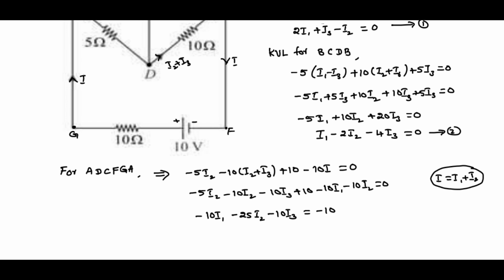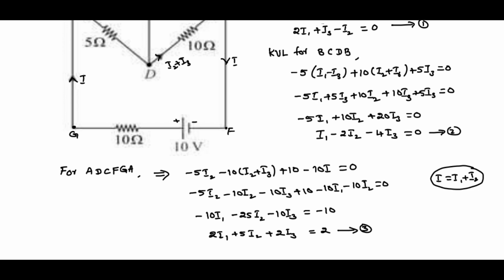I am sending this 10 towards the right, that is equal to minus 10. By dividing with minus 5 here, we will get 2 I1 plus 5 I2 plus 2 I3 is equal to 2. It is equation number 3.